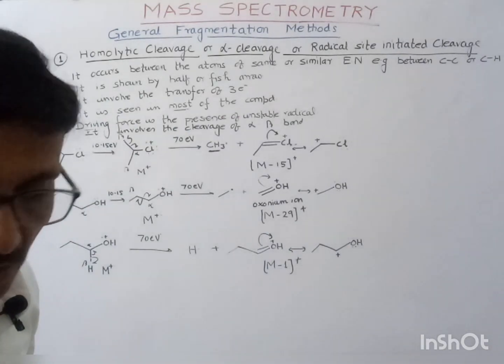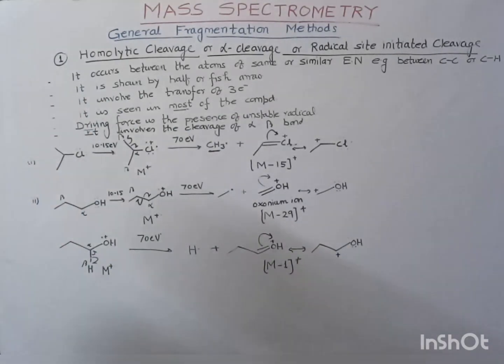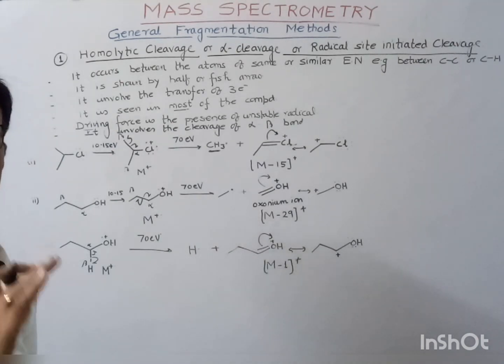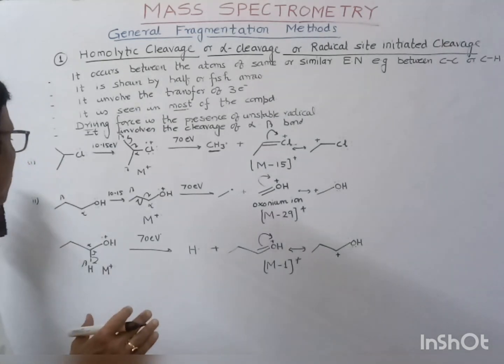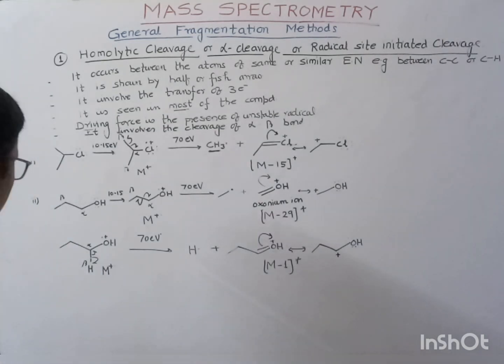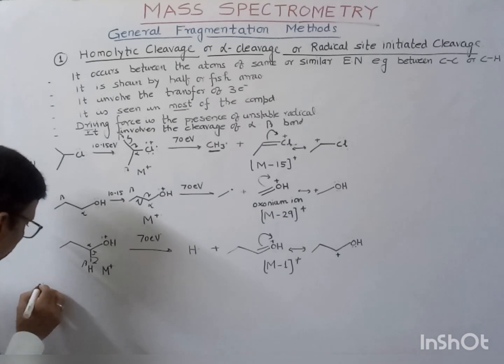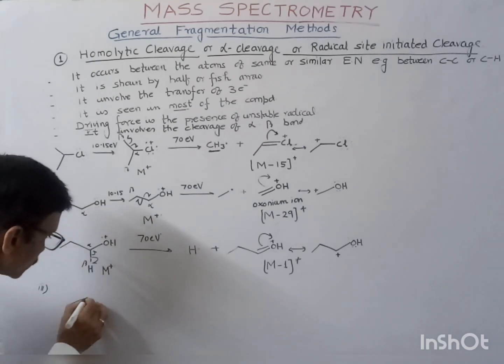And in the same way, for other molecules, suppose we have ether, amine, or acid, in mostly all types of molecules this alpha cleavage takes place. Now, third one, suppose I take the example of ether.